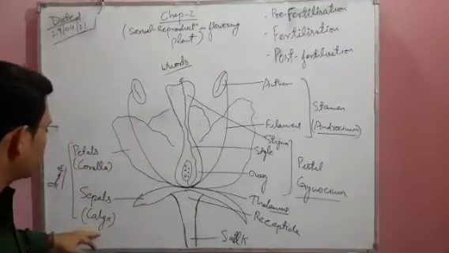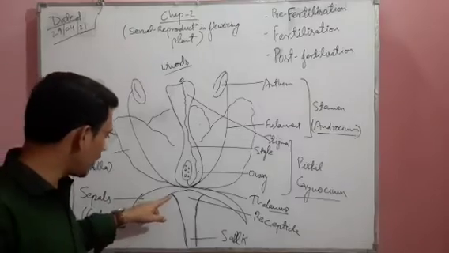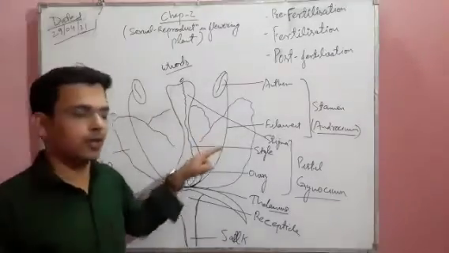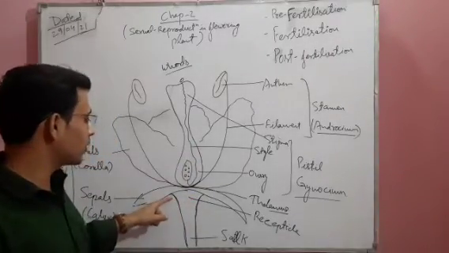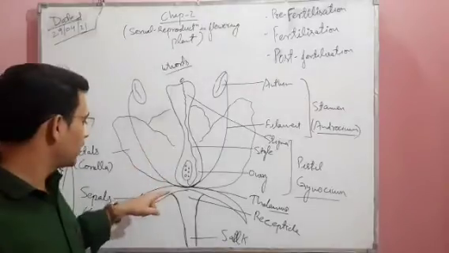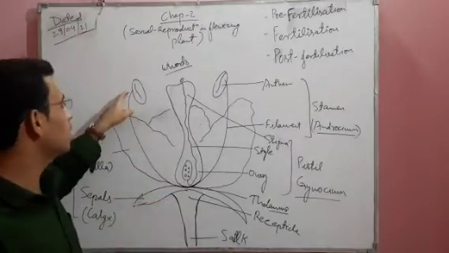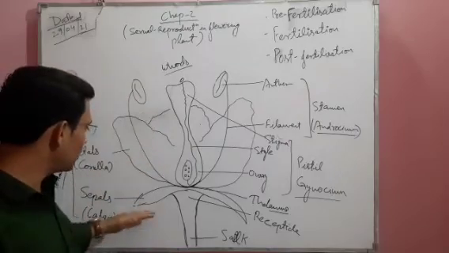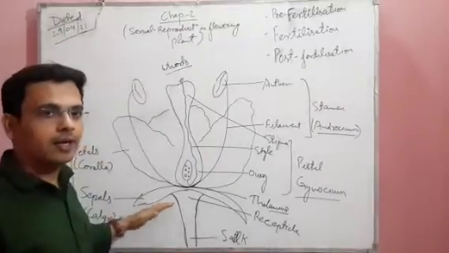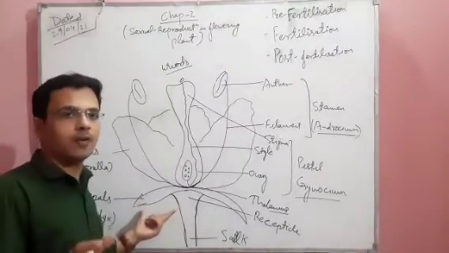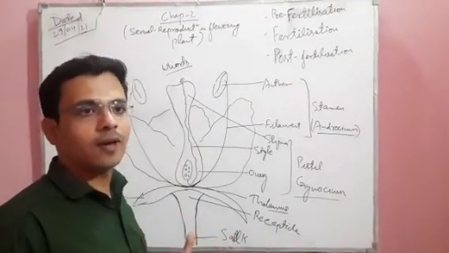The role of calyx is that it provides the outermost protecting layer of the flower. Before the maturation of the flower, calyx covers the whole flower. When the flower matures and comes out, calyx remains at the bottom of the flower, and ultimately provides an outermost protective layer to the flower.